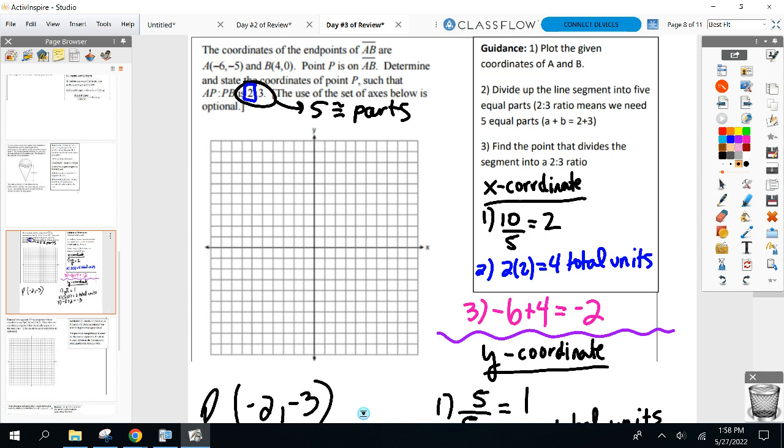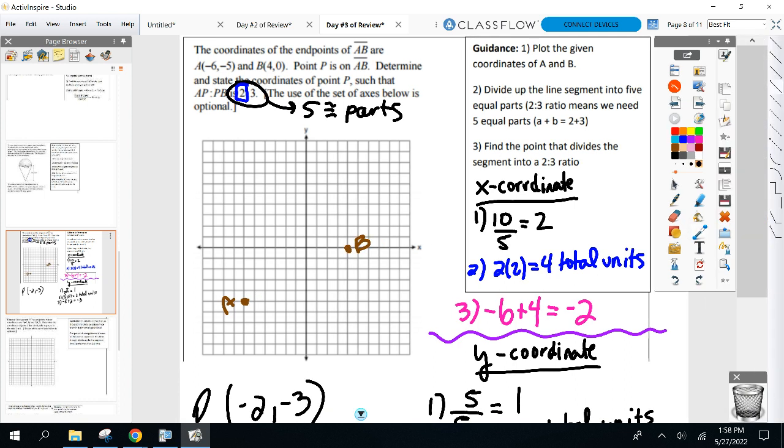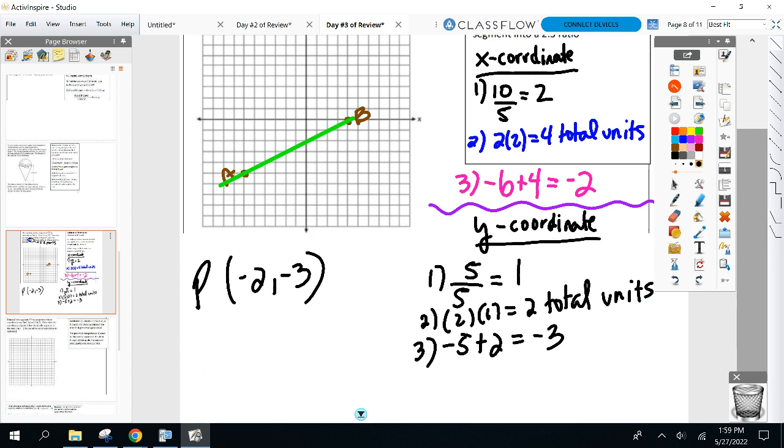If I plot A at -6, -5 and B at 4, 0, my partition point better be on there. That's how you can check. Your partition point better be on there, which it is.